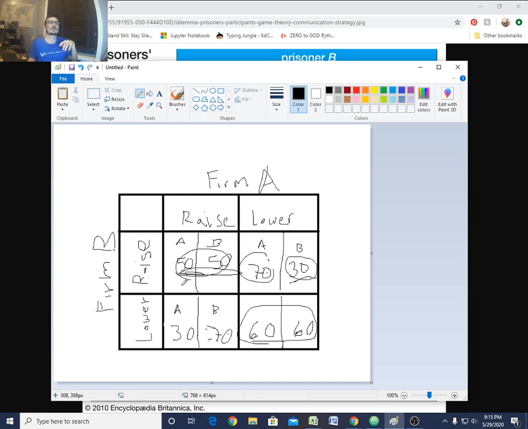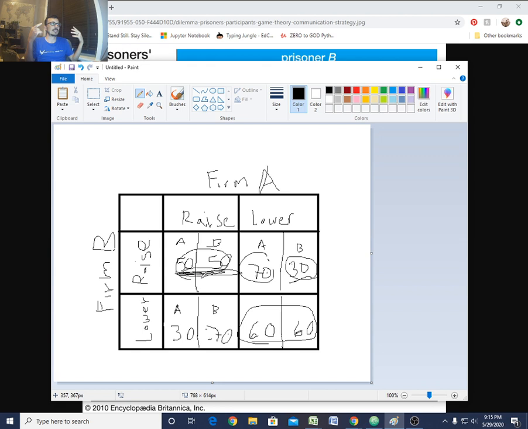And so what we end up with is a suboptimal solution with the oligopoly, where plywood becomes increasingly expensive because whenever somebody raises their prices, the other guy does too.